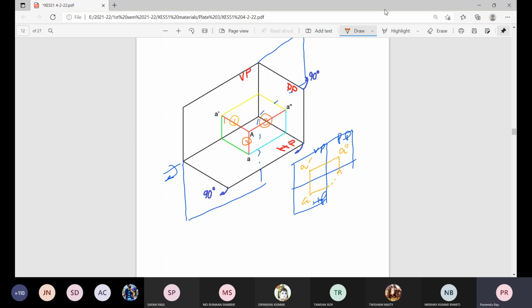All these lines are perpendicular to these planes of projection. And these are all individual rectangular faces like a brick. This angle is also 90-degree.